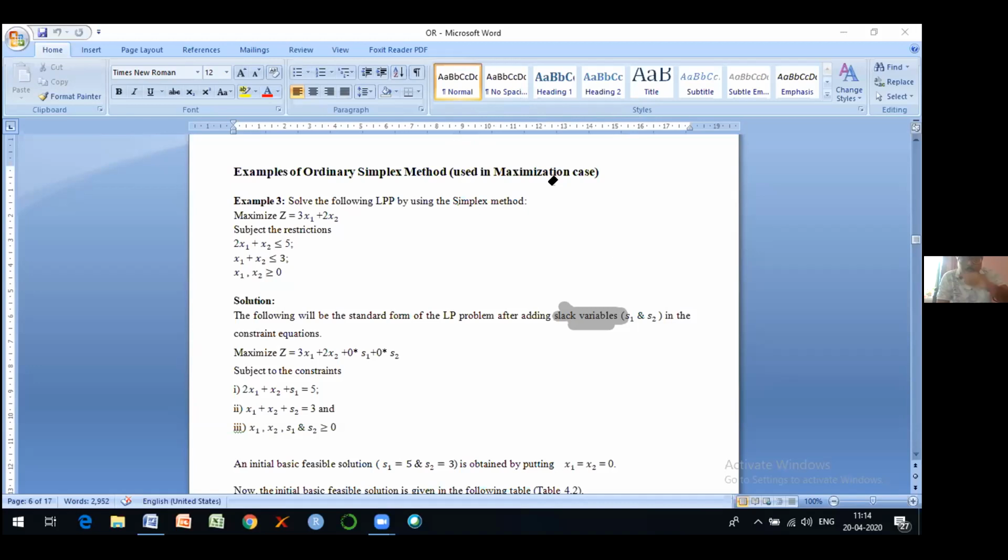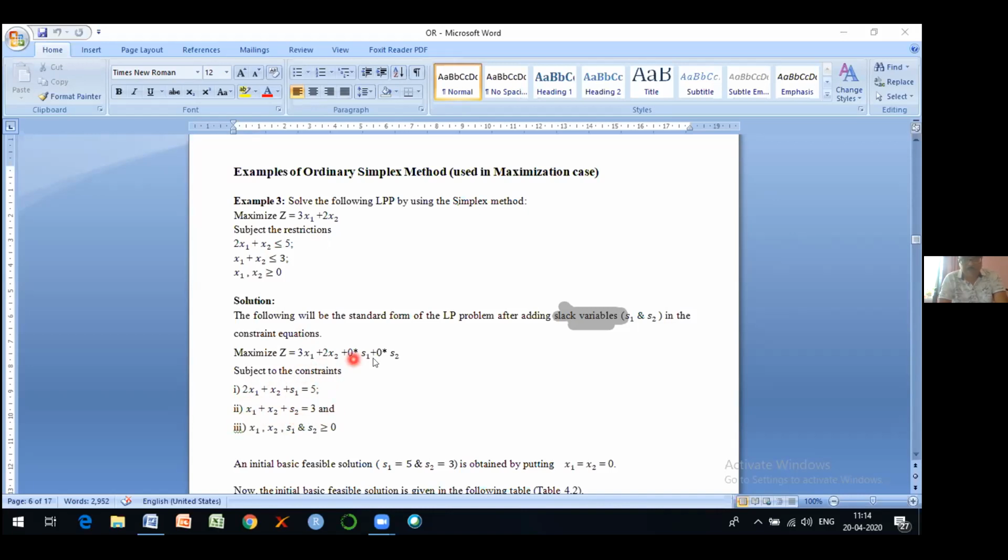As the total number of constraints is 2, one is 2x1 plus x2 less than equal to 5, another is x1 plus x2 less than equal to 3, therefore we are considering two slack variables. One is s1, applicable for the first constraint, another is s2, applicable for the second constraint.